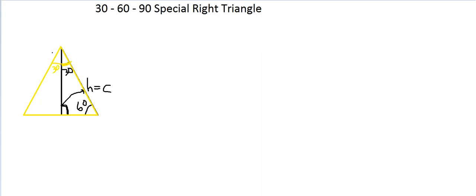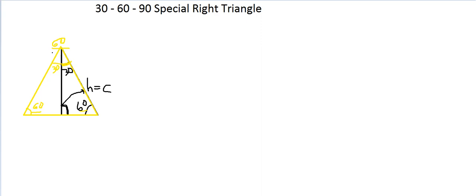And 30 plus 30 is 60, correct? Of course, this is 60. Now this is also 60, right? Because this is 60, another 60, to equate it into 180, so that is 60 as well, and that is why this is called an equiangular triangle.